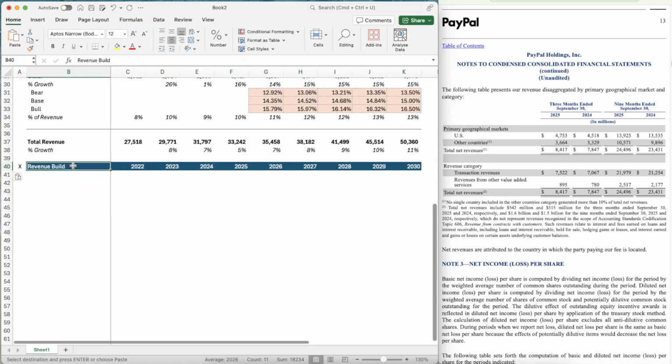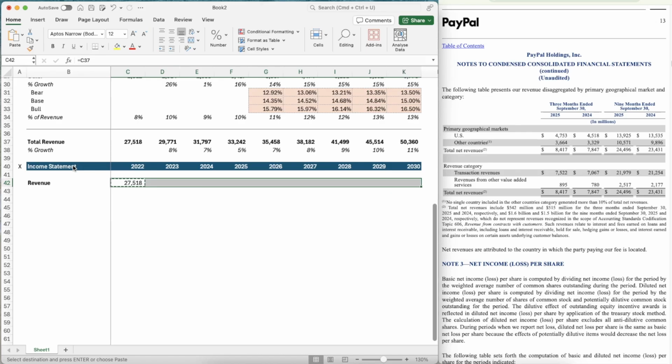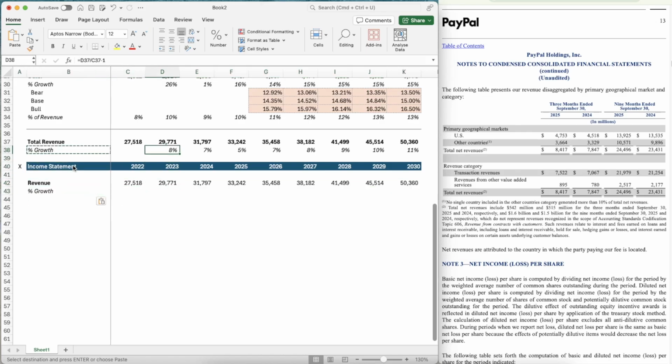Let's move on to the income statement. So we start with revenue. We just pull down what we've got from here, put it across. EBIT. Want to see percentage of revenue.